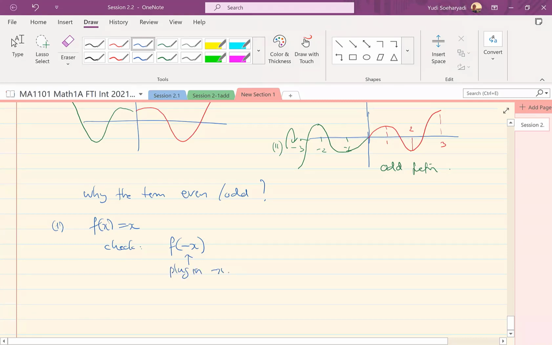Let's compute this one. And this is the negative of f of x. That means this is an odd function. If you see the picture, the graph, there.